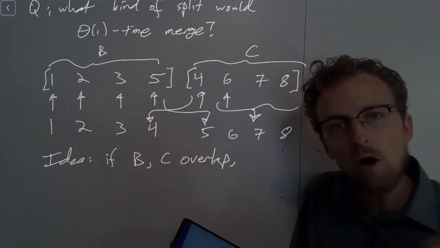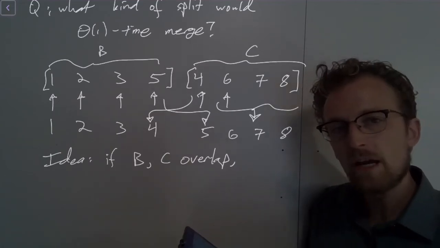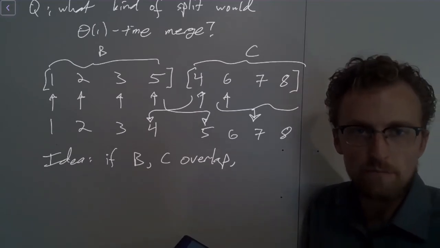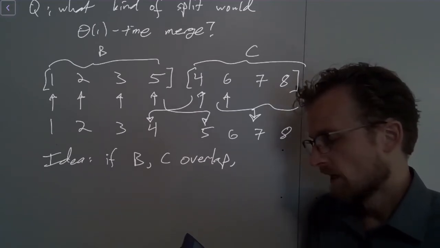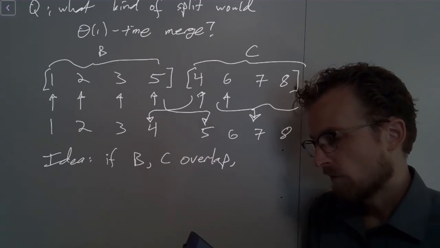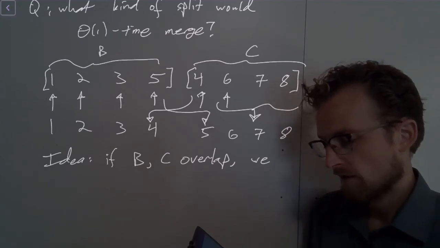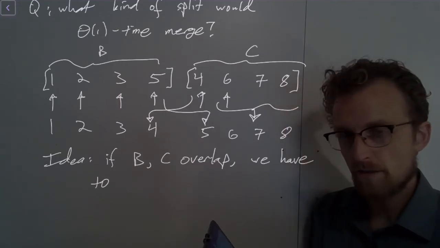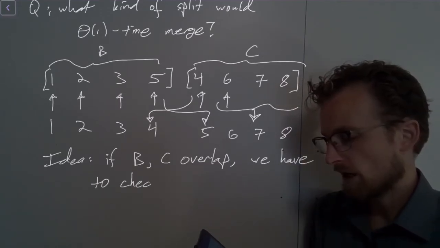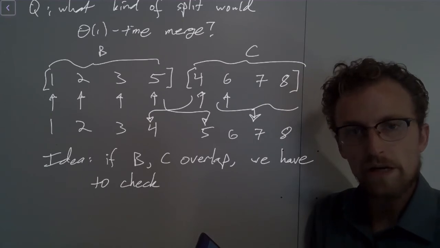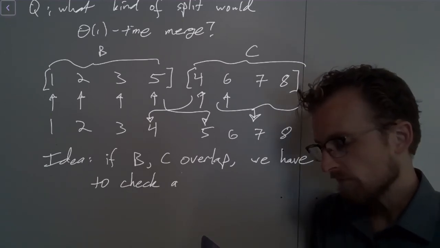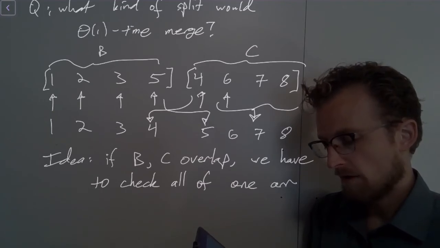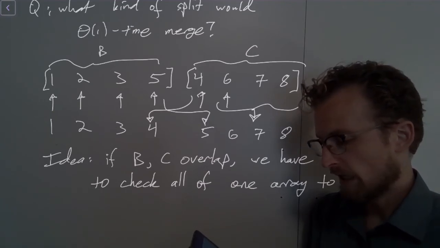And we might have to check all the elements of both, right? But at least we have to check all the elements of one, which makes this a linear time algorithm, no matter what we do, right? If B and C overlap, we have to check all of one of the arrays to be sure we're getting it right.